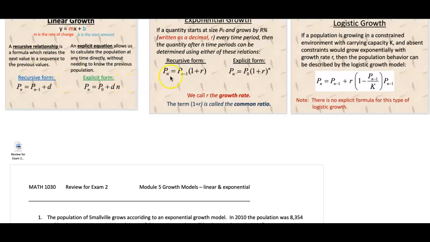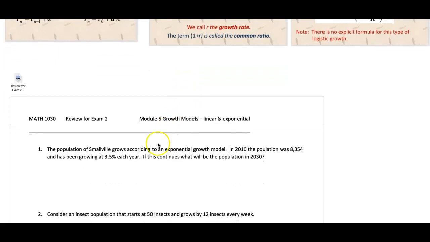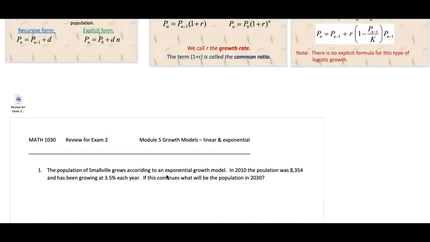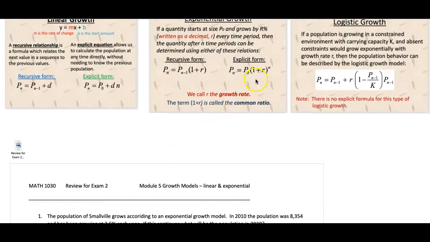And if it doesn't give us that, then we need to use this explicit form. And so we can see on this, we're told what the population actually is in 2010. And so we're going to be using this formula right here.